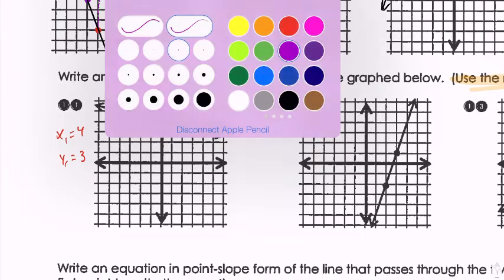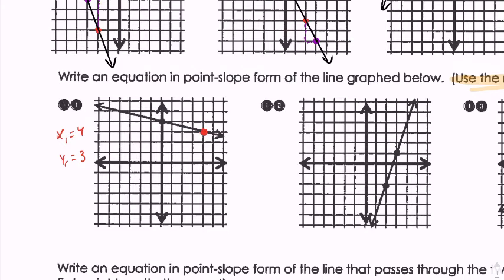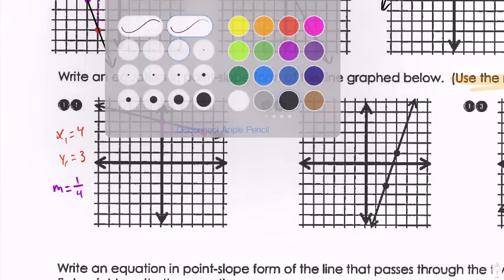And then we have to calculate the slope. Since they give us a second point, we can make that slope triangle right there, where our rise is 1, and then that's over our run of 1, 2, 3, 4. And so now we just write our equation.